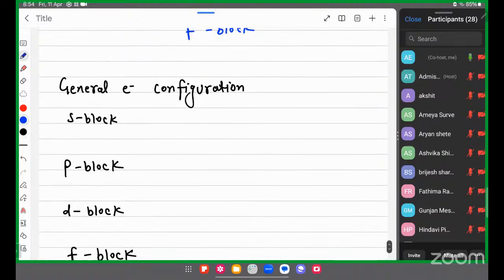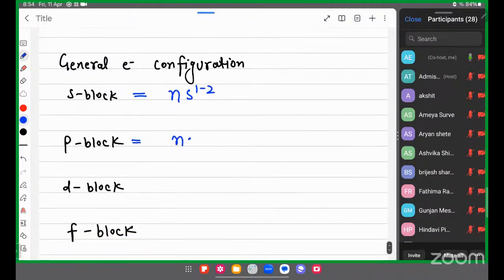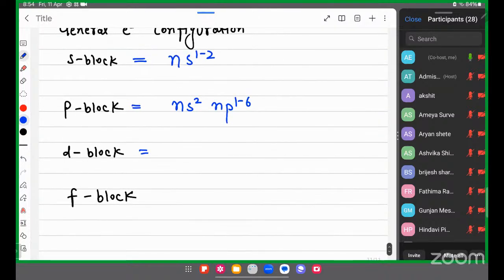So for S block elements, we have ns1 to 2. For P block, we have ns2, np1 to 6. For D block, we have what?